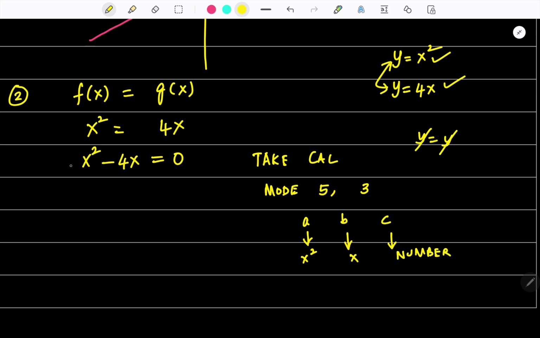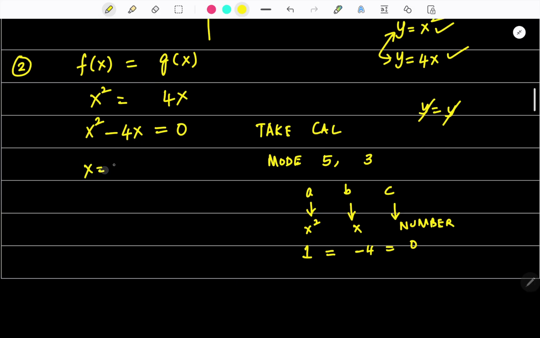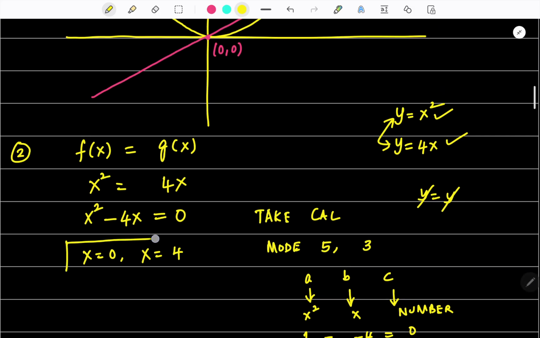Okay, right. What's the coefficient of x square? 1. Press equal. And then coefficient of x is minus 4. Press equal. And then constant you don't have, so press 0. If you do like this, you will get the answer x equals 0 and x equals 4. But in the calculator, it gives 4 and then 0. No problem, right? So we got x equals 0 and x equals 4.